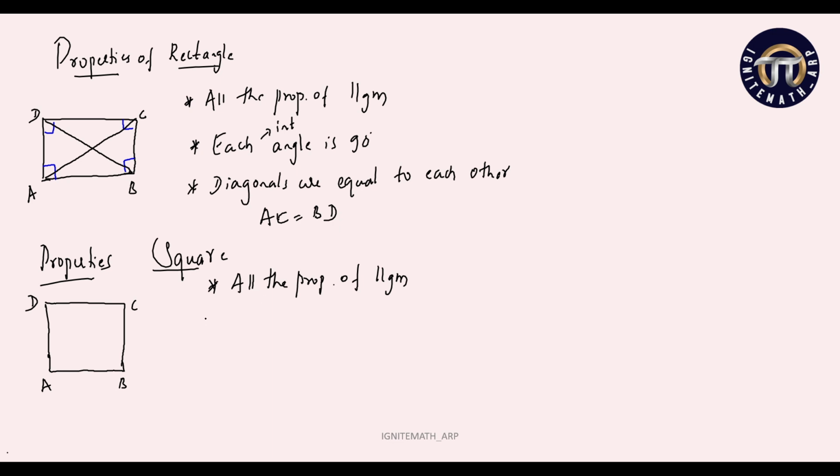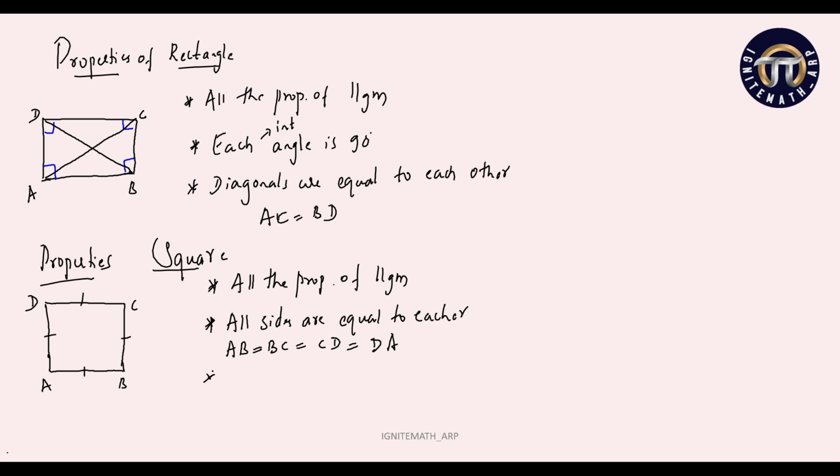Other than these general properties, square has some special properties. What are they? All sides are equal to each other. So I can say that AB is equal to BC is equal to CD is equal to DA.